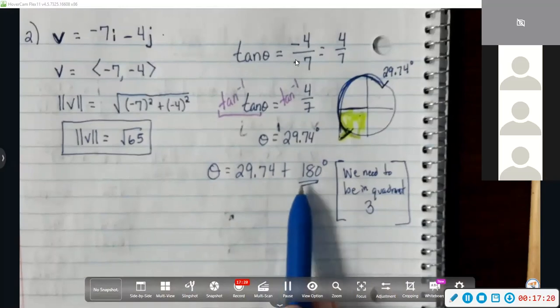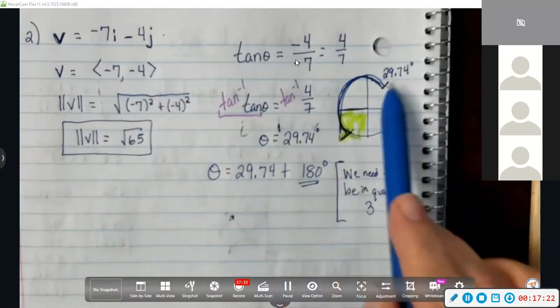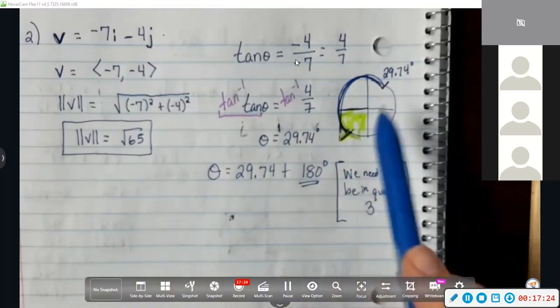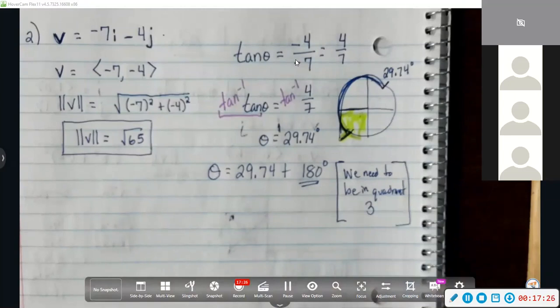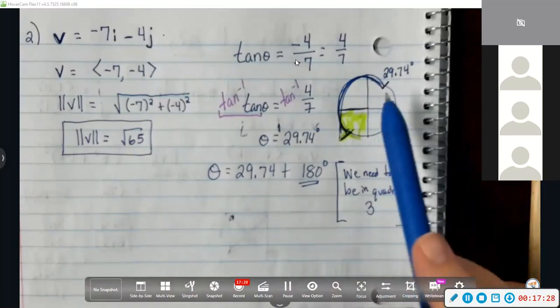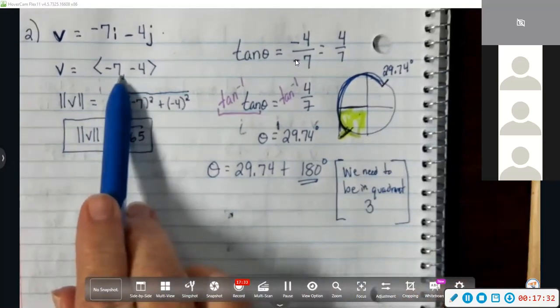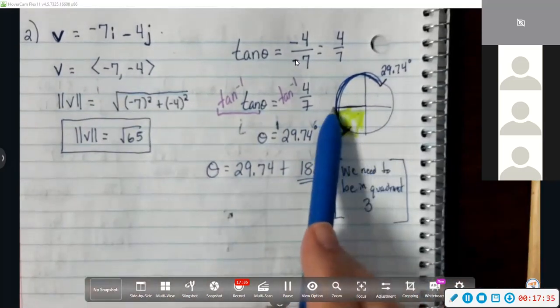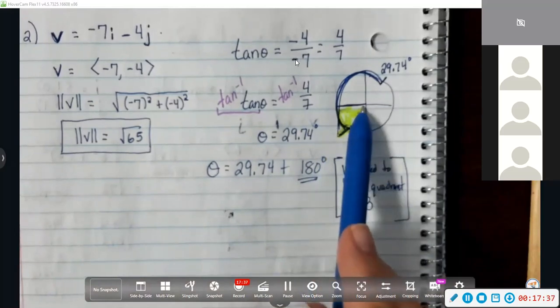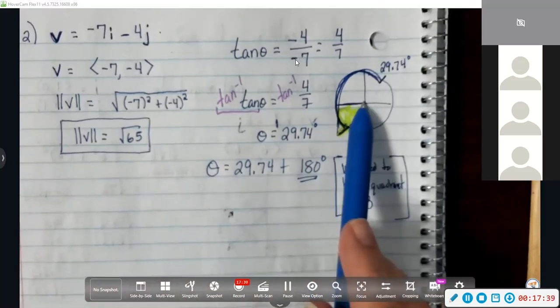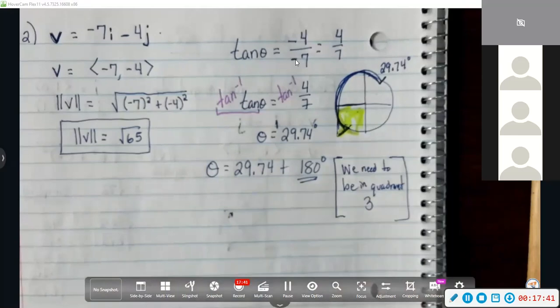So why am I adding the 180 degrees? Because quadrant 1 is not where that vector's pointing. How did I know that's not where the vector's pointing? Because these are my components. It's going negative, negative. It's not 7, 4. It's -7, -4.